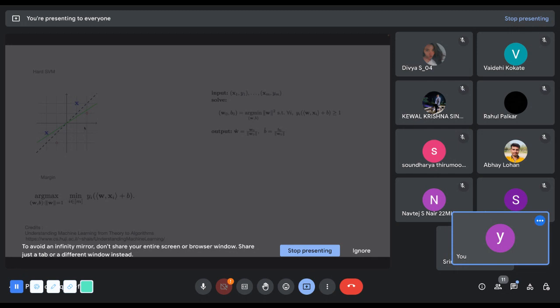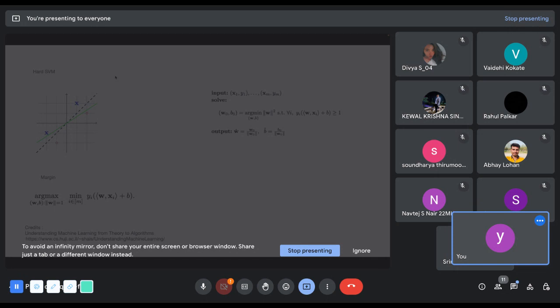You're supposed to classify the blues on one side and the reds on the other. Given this data, you have many hyperplanes that can solve this. Green is also one, and the dotted line is also one. So which line should one pick? That question is answered in the support vector machine.